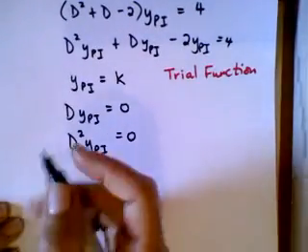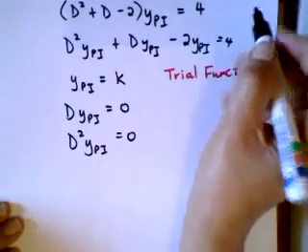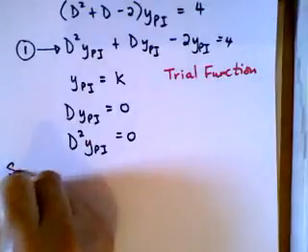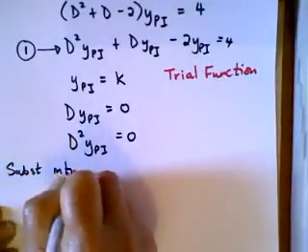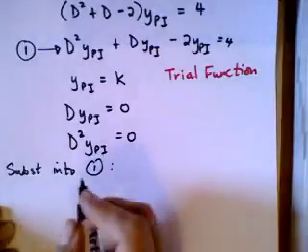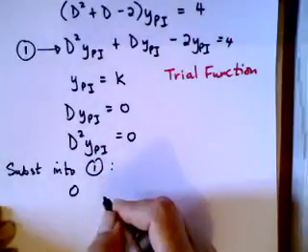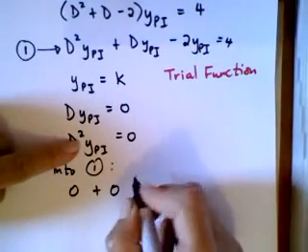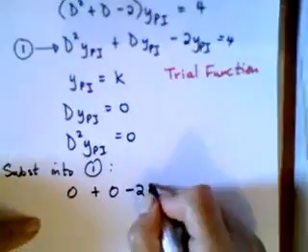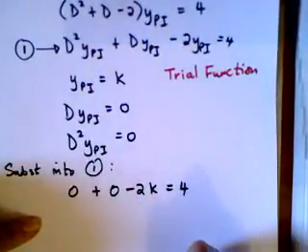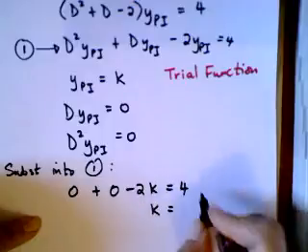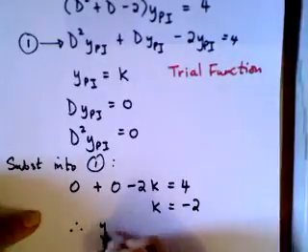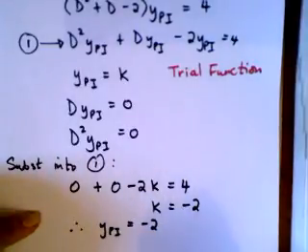So if we substitute into, let's call it equation 1, we are going to get the second derivative is 0, the first derivative is also 0, and y_p is k, and that would be equal to 4, which means that the value for k is going to be minus 2, right? Which means that y_p is going to be minus 2.